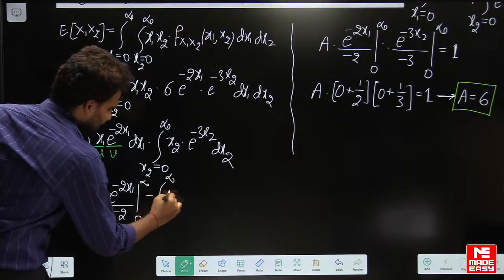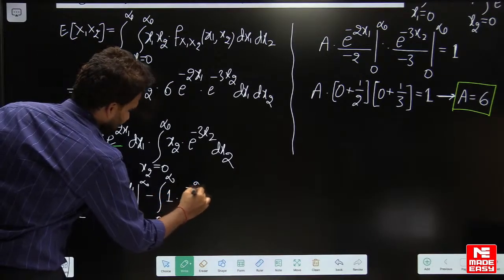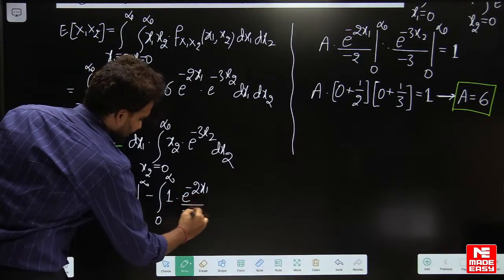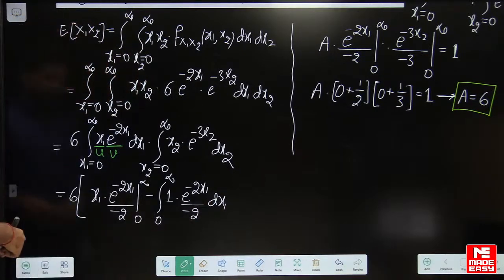What is the differentiation of x1 with respect to x1? That is 1, and the integration of v.